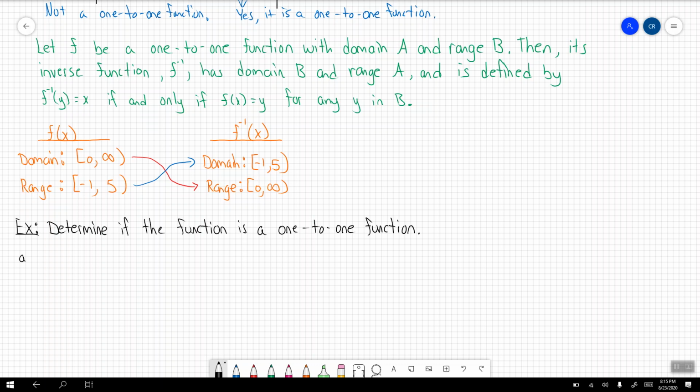Part A, we're going to have f of x is equal to x to the fourth minus 16. And then part B, we are going to have h of x is equal to 1 plus cosine of x. There we are.